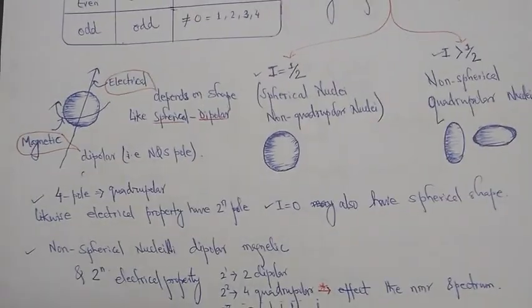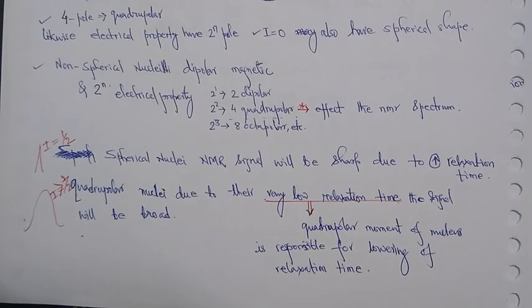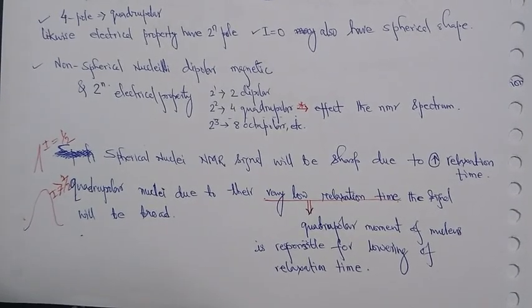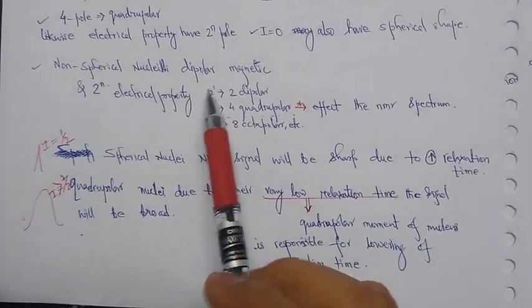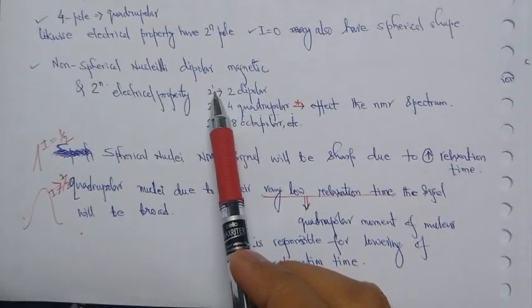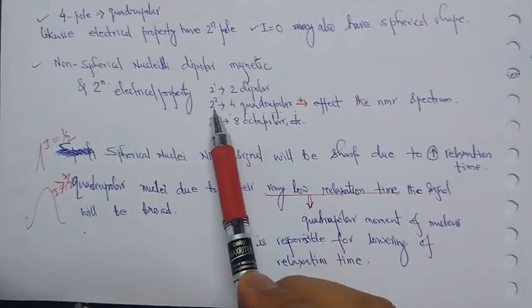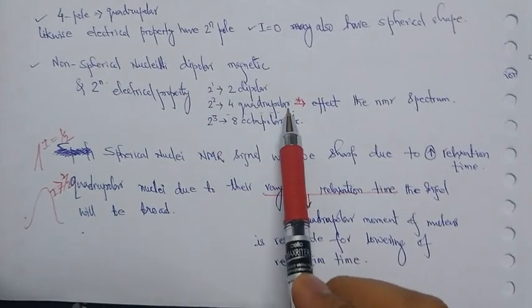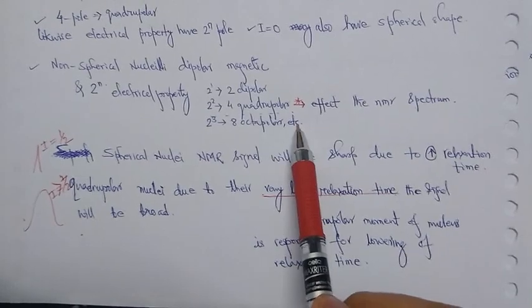That means non-spherical nuclei will have dipolar magnetic and 2 to the power n electrical properties. That is 2 to the power n: in case n equals 1, that is 2, dipolar; 2 to the power 2, 4, quadrupolar; 2 to the power 3, 8, octapolar; and it goes on.